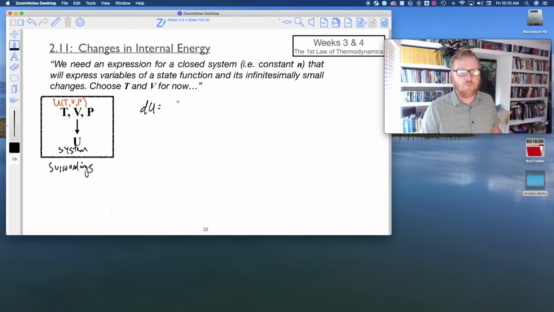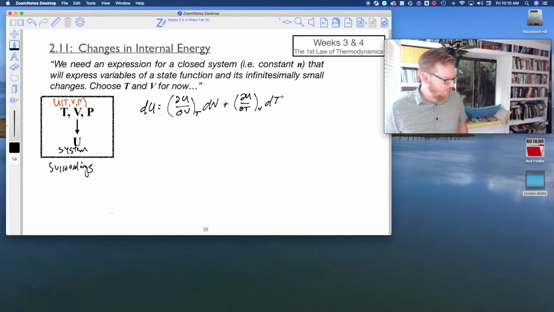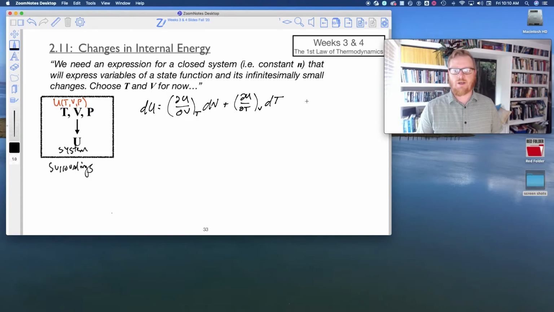I can say the partial of U with respect to V at constant T dV plus the partial of U with respect to T at constant V dT. Okay, so I've built up my exact differential expression.